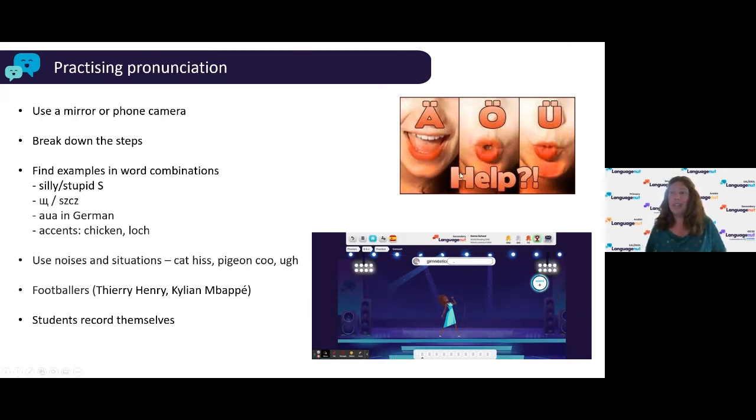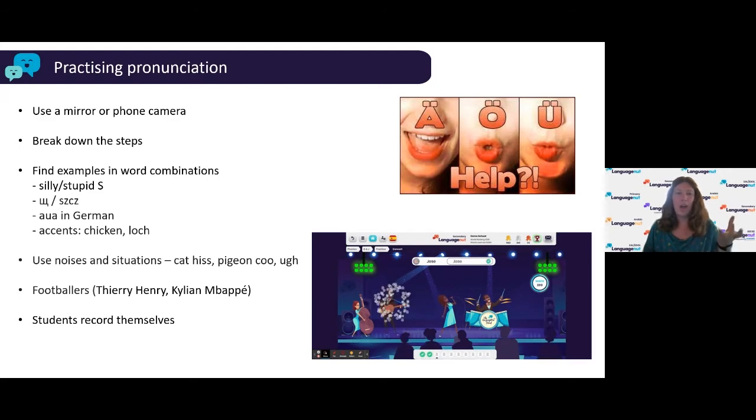Footballers are a really useful resource that are there for us, because you have players with different names which have different phonemes in them that we're not necessarily used to in English, but students are used to them. So I may be out of date with some of these, but if they are known.